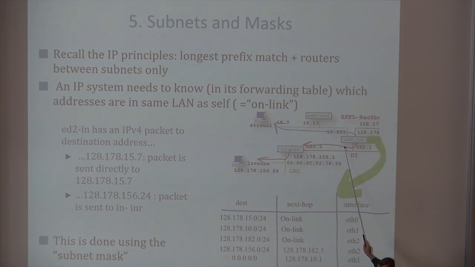What this machine has to do is take the destination address, this one, apply the mask of this interface, of that interface, and of that interface. If there is a match for any of the 3, then it means it's local to that interface. Local is one way of saying this. Another way, which we will very often find, is on-link. On-link means in the same subnet or in the same local area network.